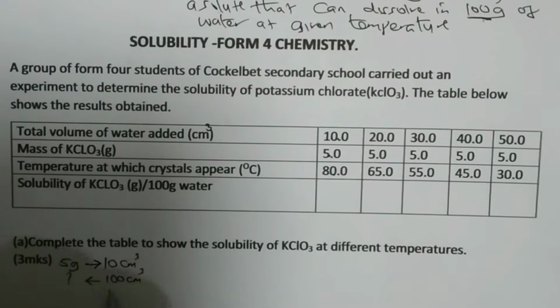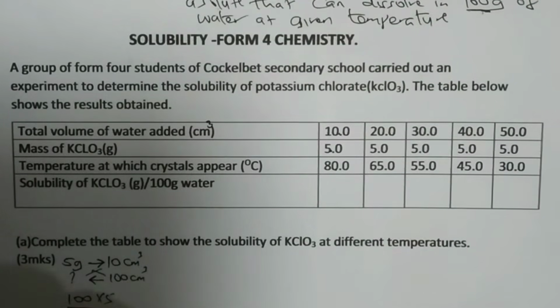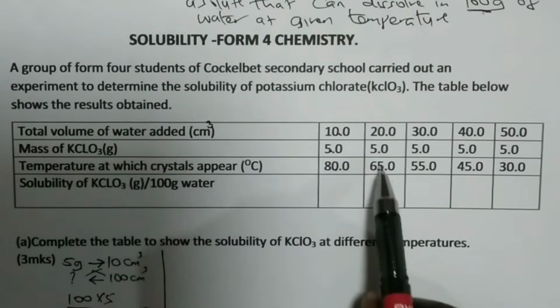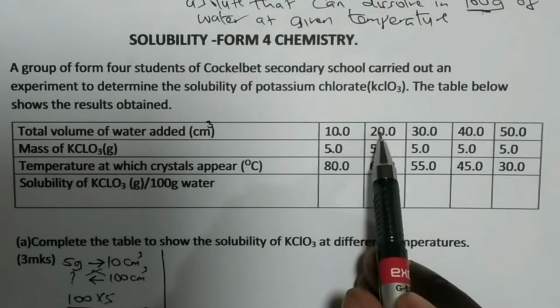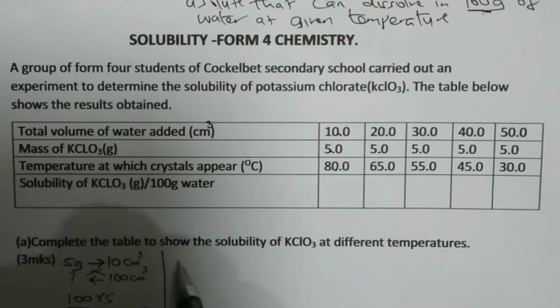So if you cross multiply, we are going to have 100 times 5, you divide by 10, and this one is going to give us 50 grams. Next, we have 5 grams dissolving in 20 at 65 degrees Celsius.